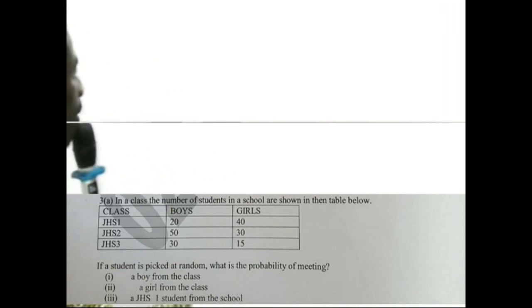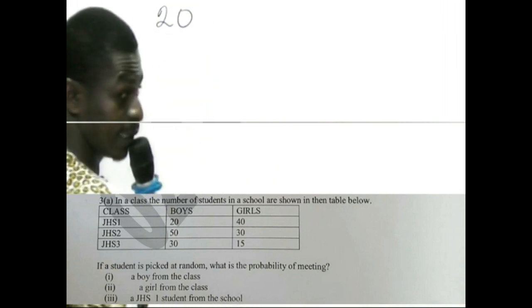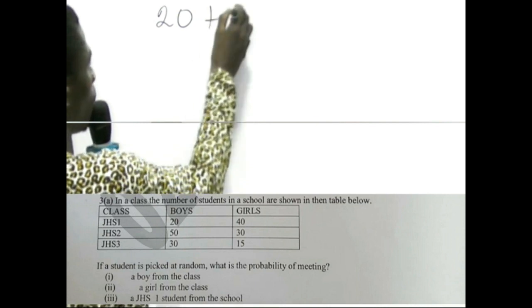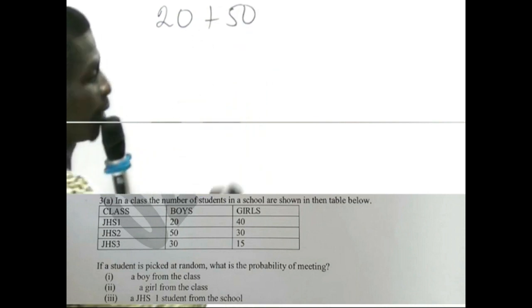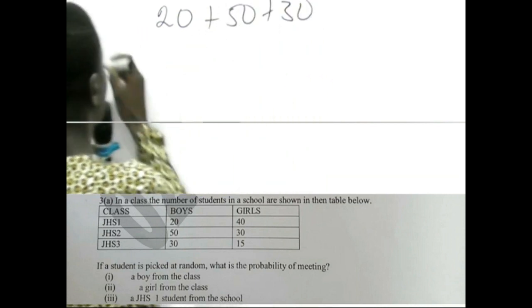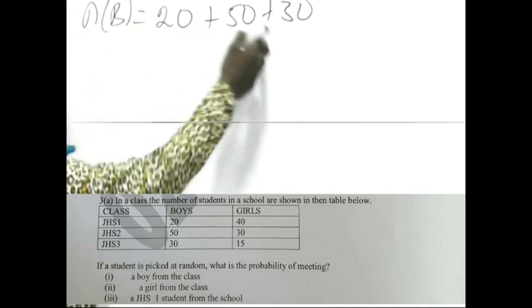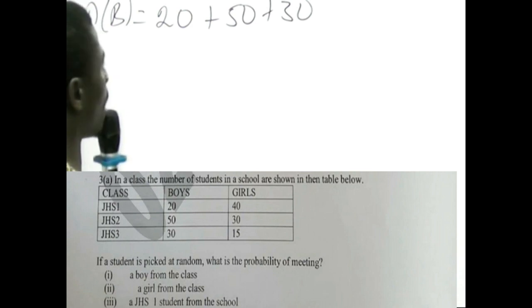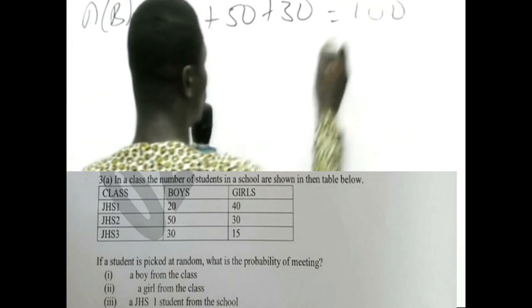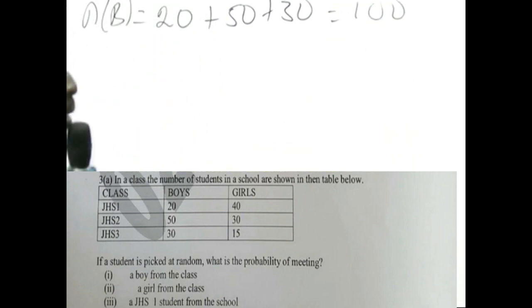And so we have 20 plus 50 plus 30. That is going to give us our number of boys, and this is going to be 100. Our number of boys is 100. We are also going to add our number of girls.